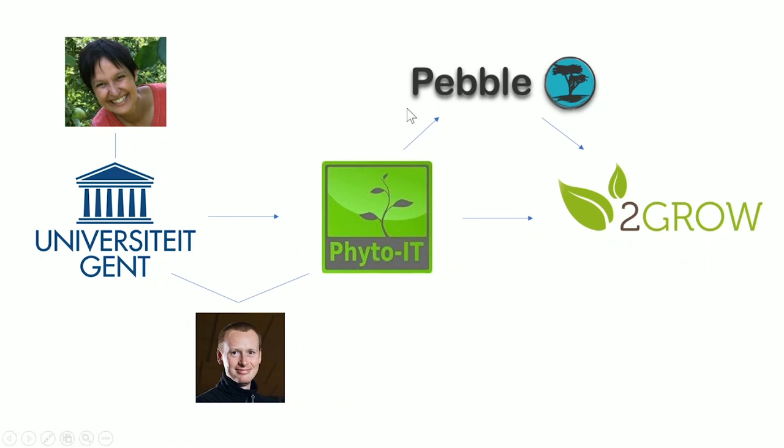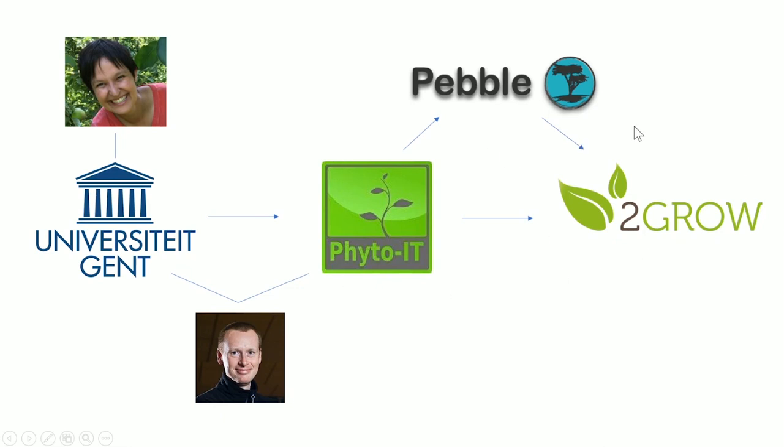So Pebble, which is a group, an incubator, an accelerator, is a trendy word. They saw the potential because they have a vision that we need to better the planet. Everything that makes the planet a better place is something they are interested in. Then they heard the story of Phyto-IT at the University of Ghent, so they invested and they started To Grow.